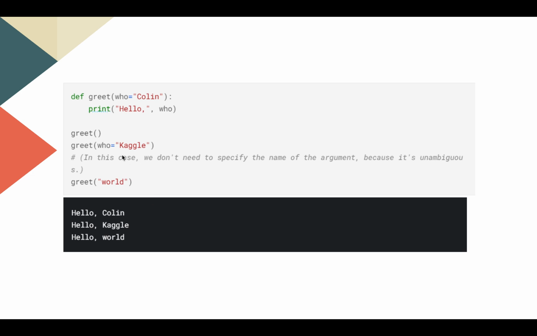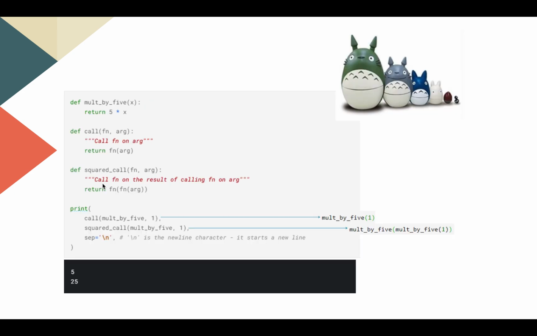In case more than two variables are needed to make a function, let's say greet who equals colon and where equals Paris, then it's going to print out an error indicating that you need more than one variable assigned to this function. But you're probably going to see it in one of the exercises, so let's discuss that later on.